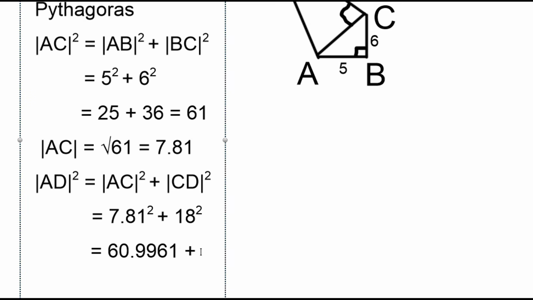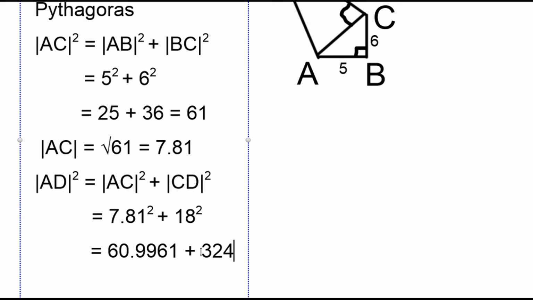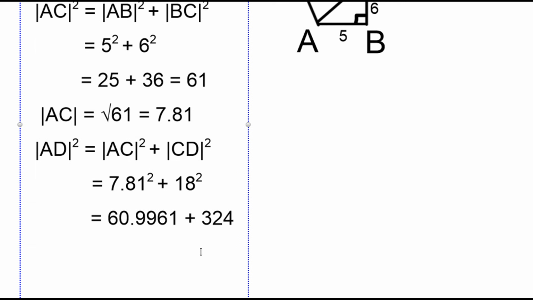So this will be 60.9961 plus 324 equals 384.9961.